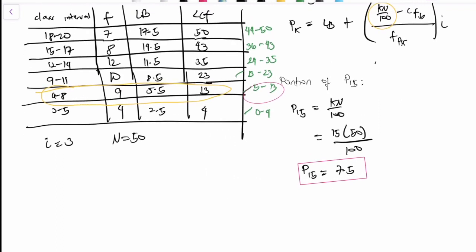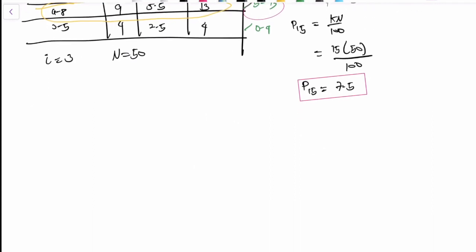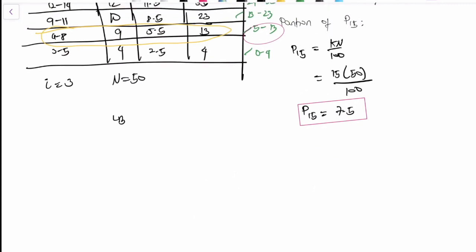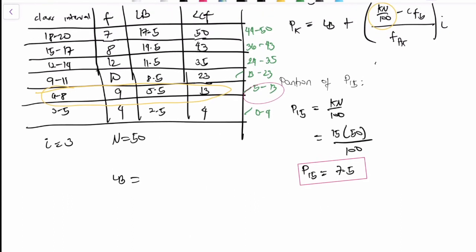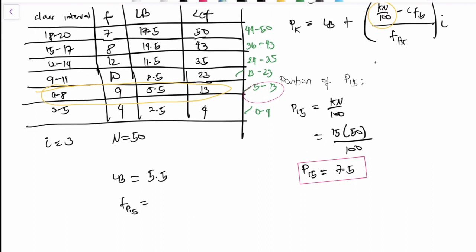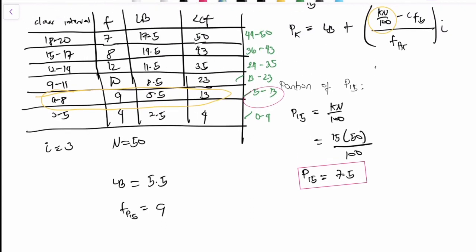So let us list our values. Our LB is 5.5. We also need the frequency of the P15 class, which is 9. Now, we will not use the cumulative frequency of the 6 to 8 interval itself.